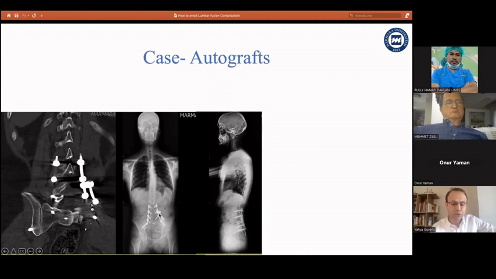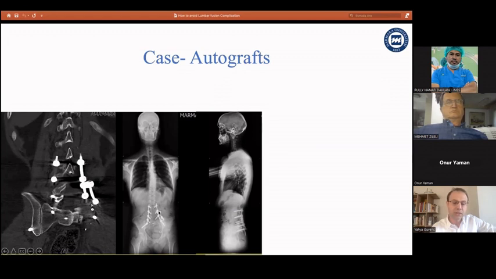Sometimes we use transverse, but we take only a hemi-sacrectomy, and we put it in here transverse, and we put a screw between the graft and the normal sacrum. We actually get very, very strong fusion in here.